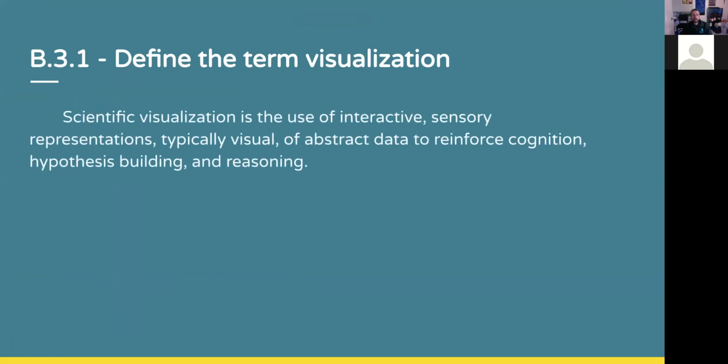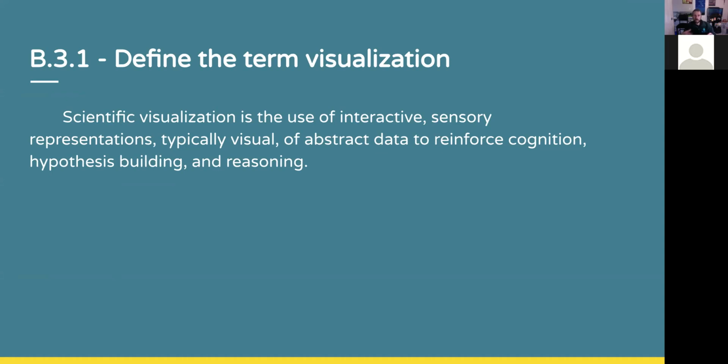And when we talk about visualizations, we're talking about the use of something that can be interactive. It can be a sensory representation, so you can represent with something that actually has physical texture. Some topographic maps are 3D printed, or old globes actually used to have mountain ranges represented by bumpiness, which is really cool.